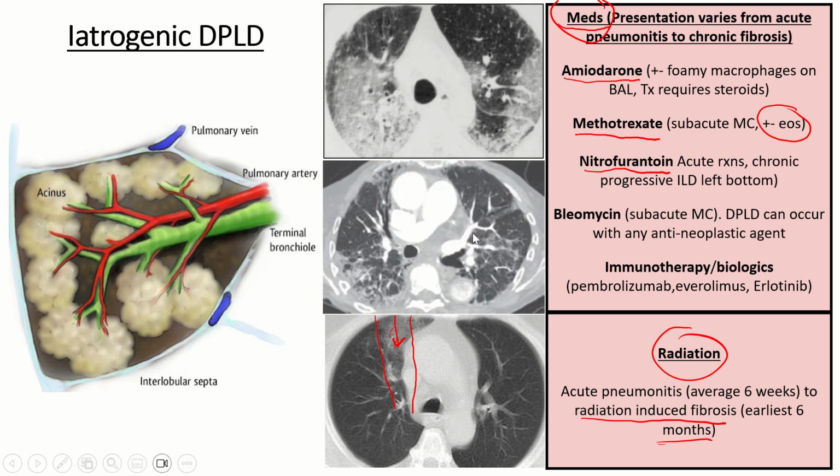or specifically with nitrofurantoin, or even long-term amio. Amio can be acute or chronic. These patients can get pneumocyte death, inflammation from DAMPs, and subsequent fibrosis. So here's a patient with history of recurrent UTIs, recurrent nitrofurantoin use, and then chronic drug-induced fibrosis secondary from that with iatrogenic diffuse proliferative lung disease.